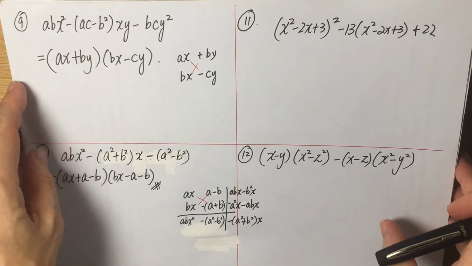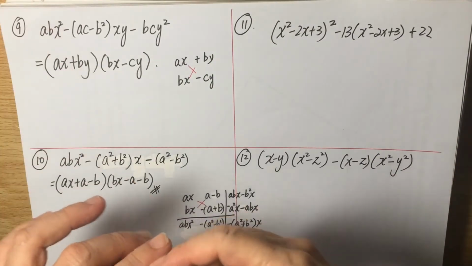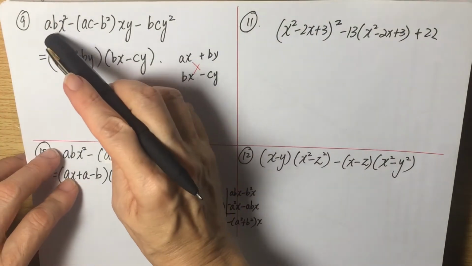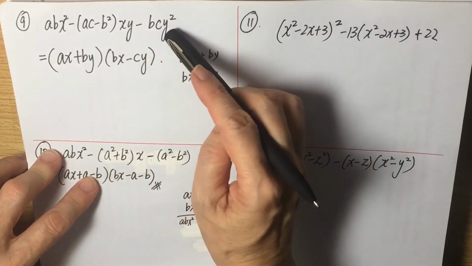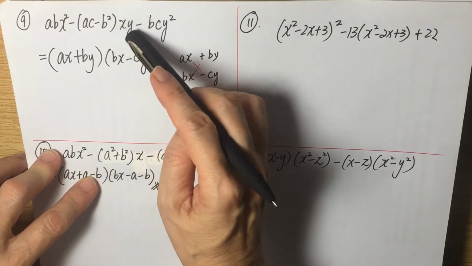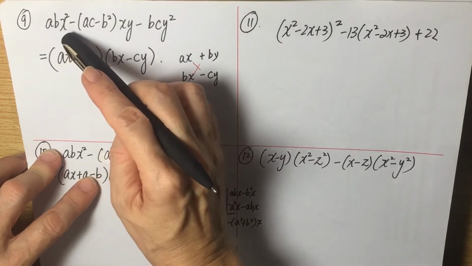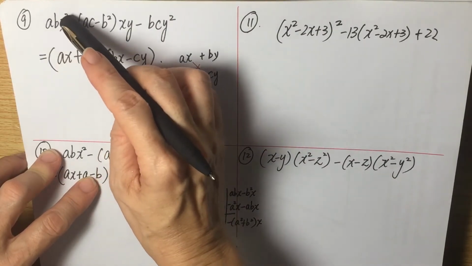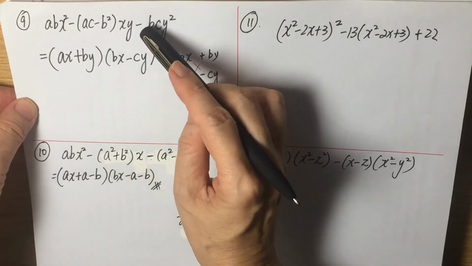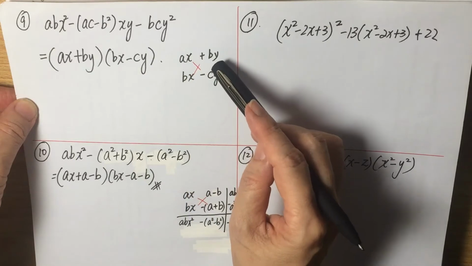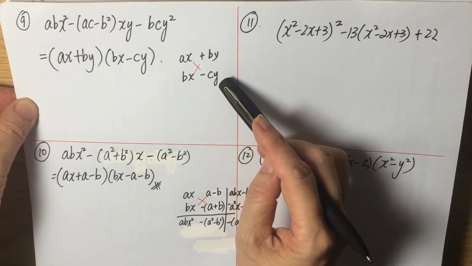Question 9. Okay, this looks like a quadratic equation. Can you see this? X squared, y squared, and this is x times y. So I'm going to break it into ab x squared. I put it to be ax and bx, whereas for the bc y squared, I'm going to put it with by and cy.